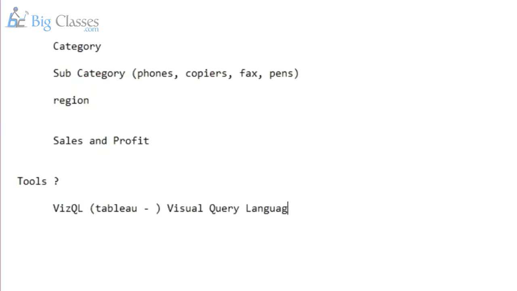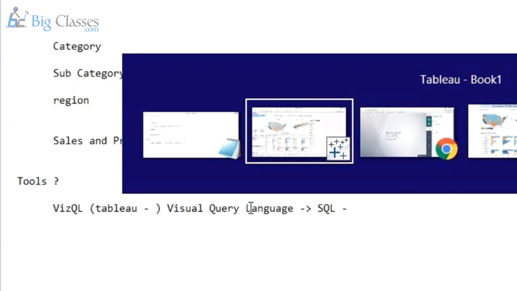When you click on the visuals, inside, without you knowing, there is a SQL, structured query language. That query language fires and gets the data, and repopulates, prepares all the visuals back and presents everything here.